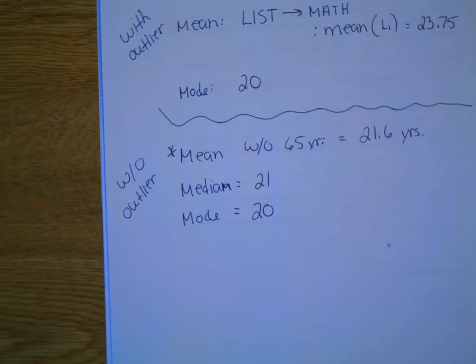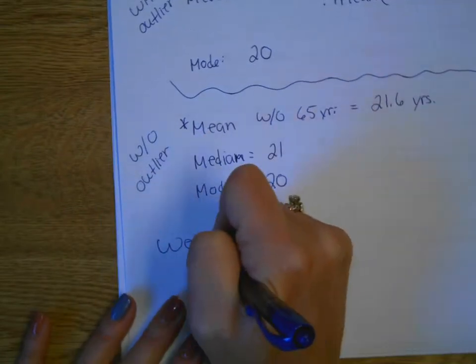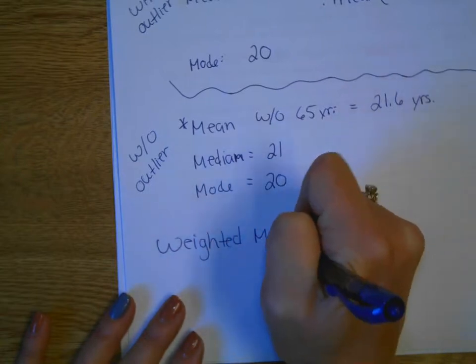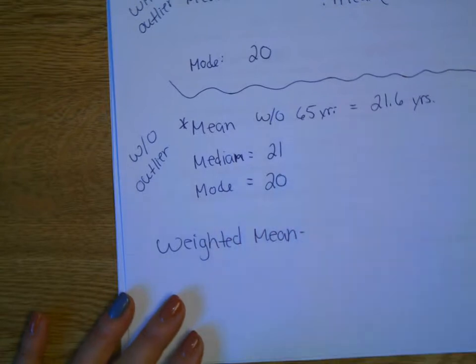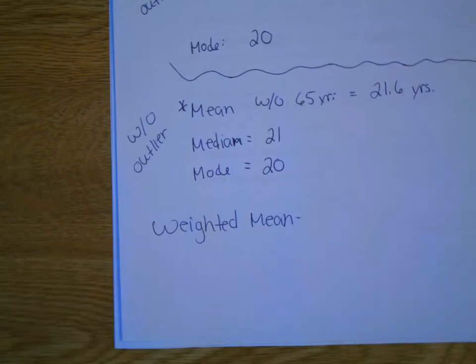All right, a weighted mean. I do a weighted average in here. Your homework, it's all grouped together and averaged, but I only count that 20% of your quarter grade.